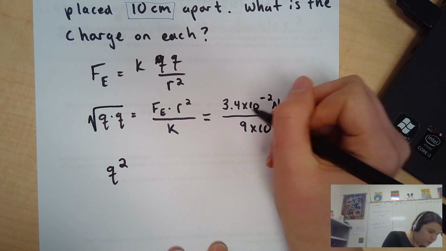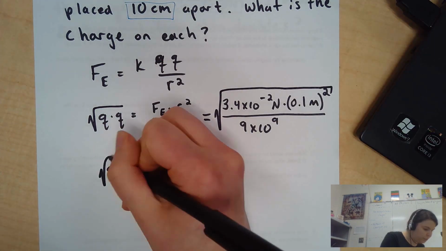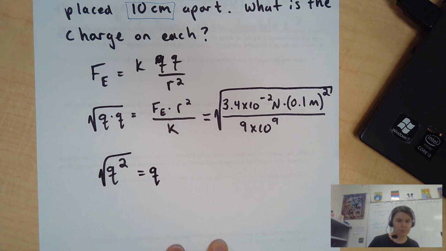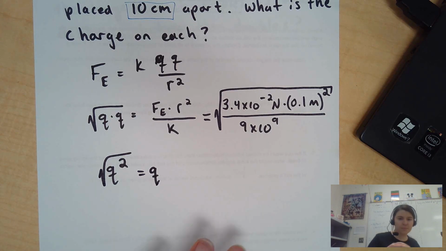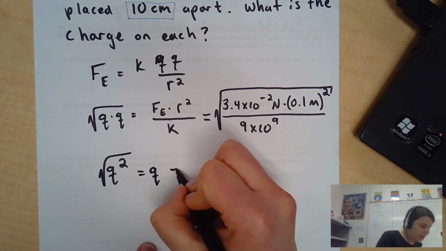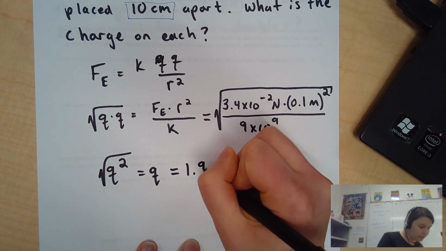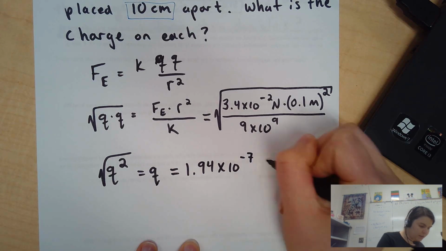So we're going to take the square root of this number. And so the square root of Q squared is just Q. So this will be the charge of just one of the objects. Okay? And so final answer, assuming you've plugged everything else into the calculator correctly, is 1.94 times 10 to the negative 7th coulombs.